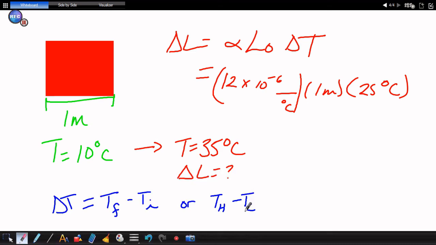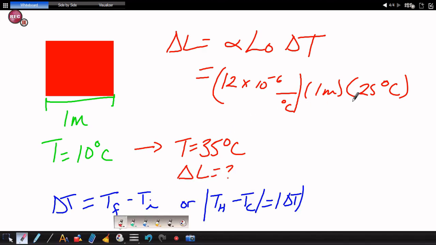Other times you actually want to know the direction of the change. Sometimes you want to treat delta T like a vector, at least in the sense that you have a number line and you want it to go up or down. Other times you just want an absolute value. Anyway, that's an aside that's not necessary.